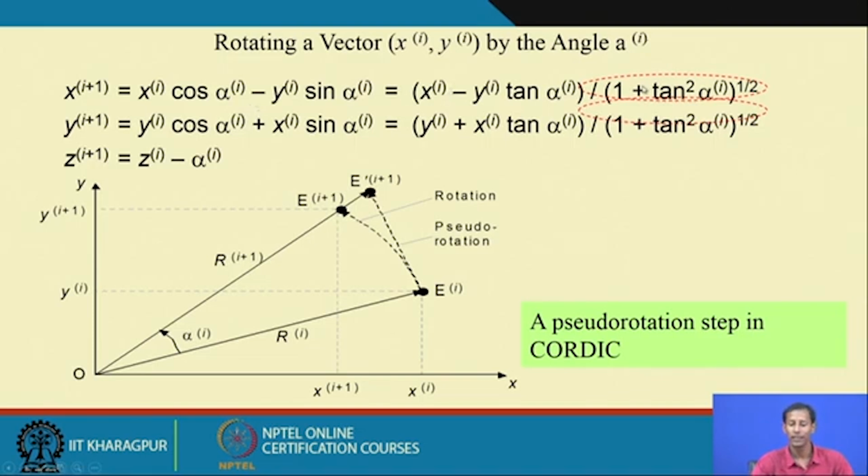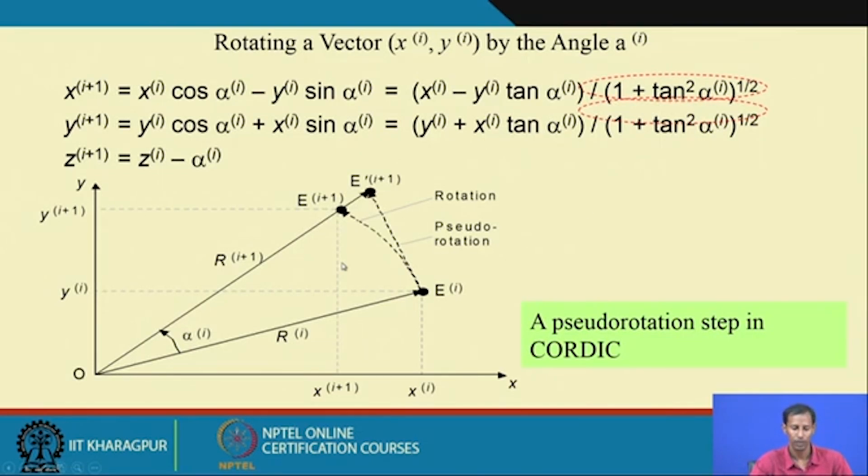If I take common, then what is cos inverse theta? Cos inverse theta means cosec theta, and cosec theta can again be written as the square root of 1 plus tan square theta. Sorry, this is the 1 by cos theta, so 1 by cos theta is written as the square root of 1 plus tan square theta.